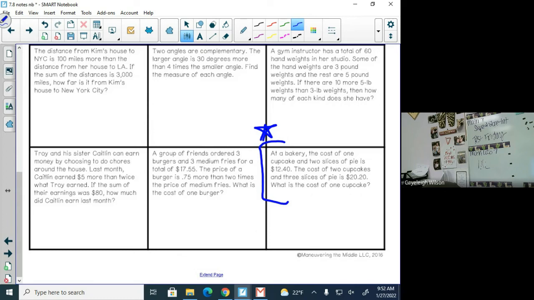Negative two. You said you don't put decimals, right?